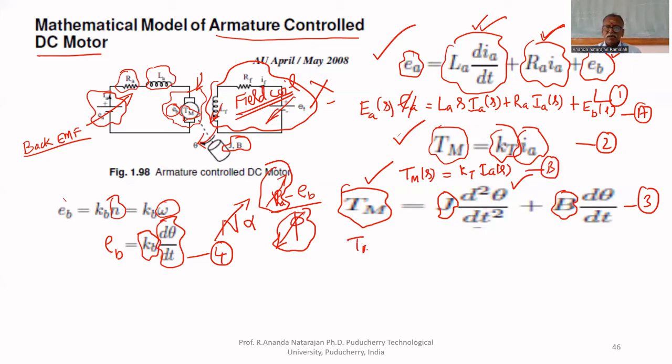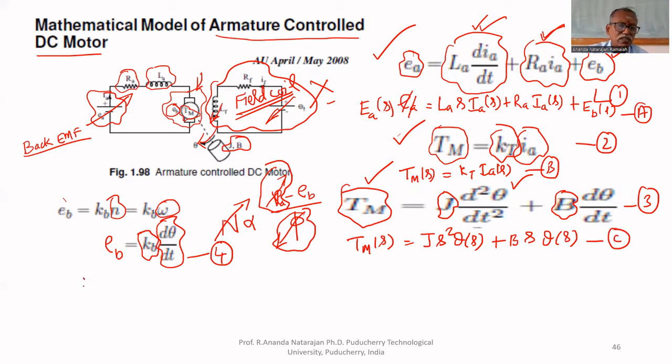Next equation is Tm of S equals J S square theta of S plus B S theta of S, assuming zero initial conditions. This is another equation in the frequency domain.